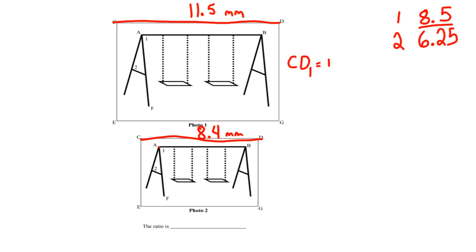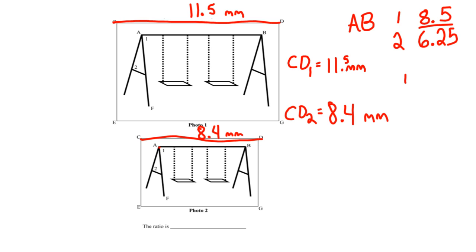So I've got CD1. It's going to give me 11.5 millimeters. CD2 is going to give me 8.4 millimeters. So I'll make a note of that as well. Let's call this one AB.